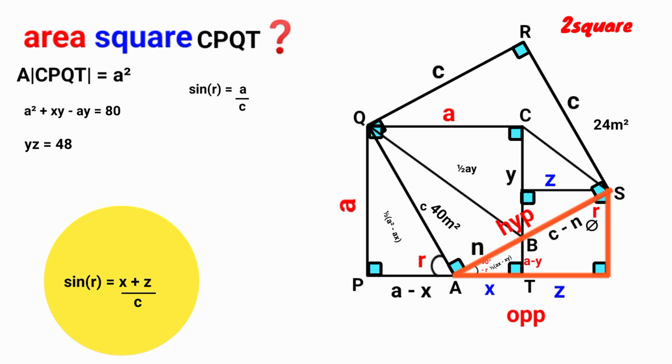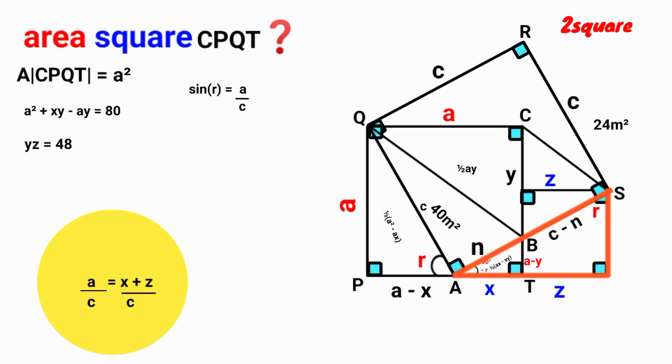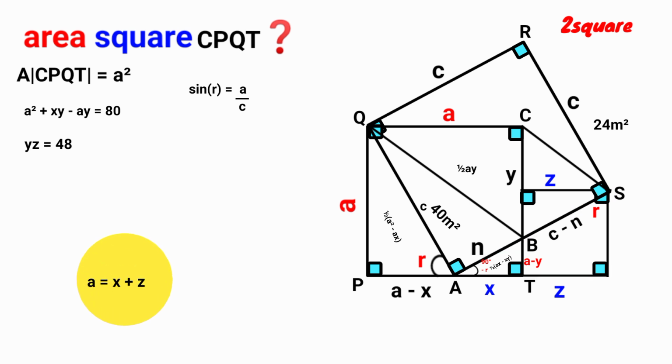So sin r equals x plus z over c. Recall here, sin r equals a over c. Substitute it here. Now a over c equals x plus z over c. This c will cancel this c. So a equals x plus z.